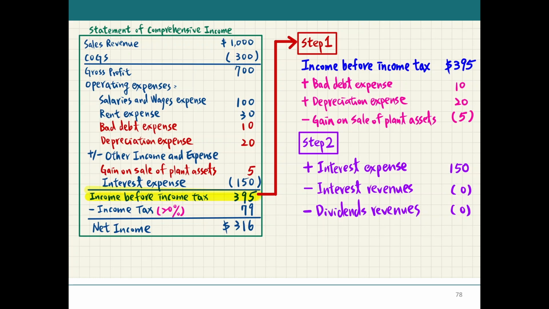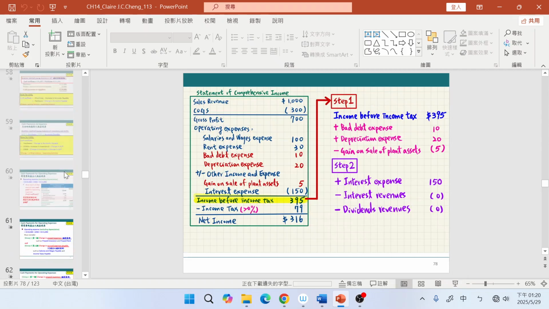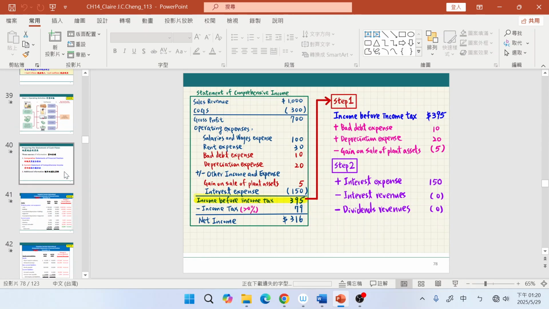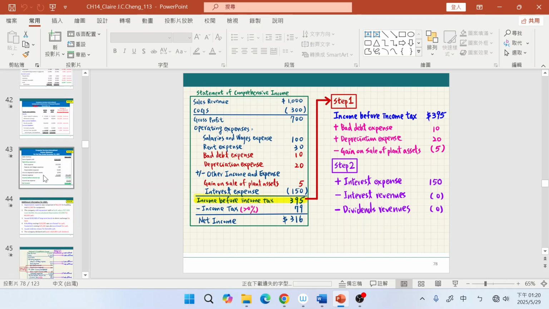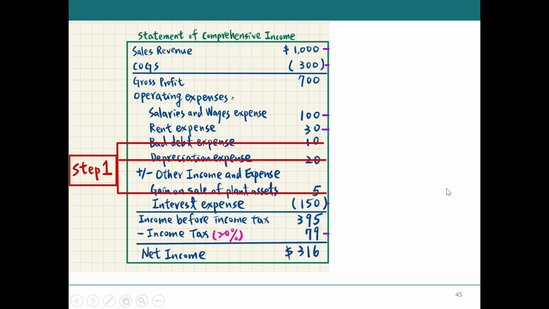How about the direct method? Do you remember how we do it? For the direct method, on your slide page 45, we base on each item to figure out cash inflow and cash outflow, right?